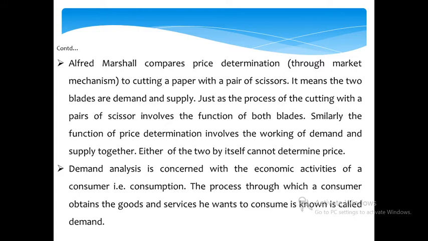Just as the process of cutting with a pair of scissors involves the function of both blades, similarly, the function of price determination involves the working of demand and supply together. Either of the two by itself cannot determine price.